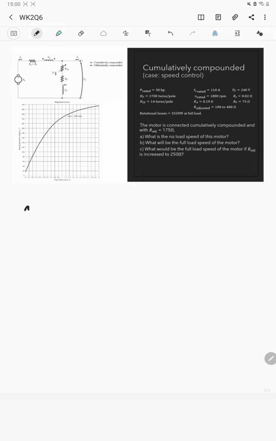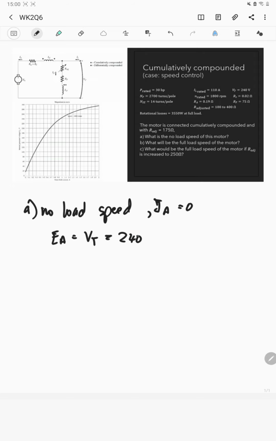So when we're talking about no load speed, IA is equal to 0. Therefore at no load condition, EA is simply equal to VT, and in this case VT is 240 volts.